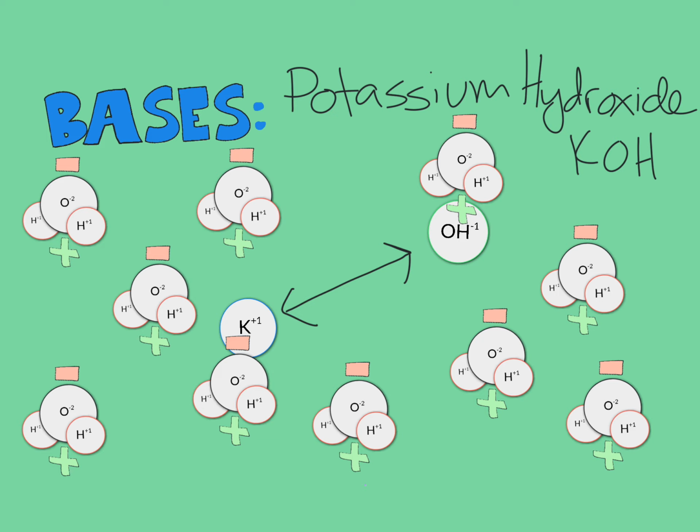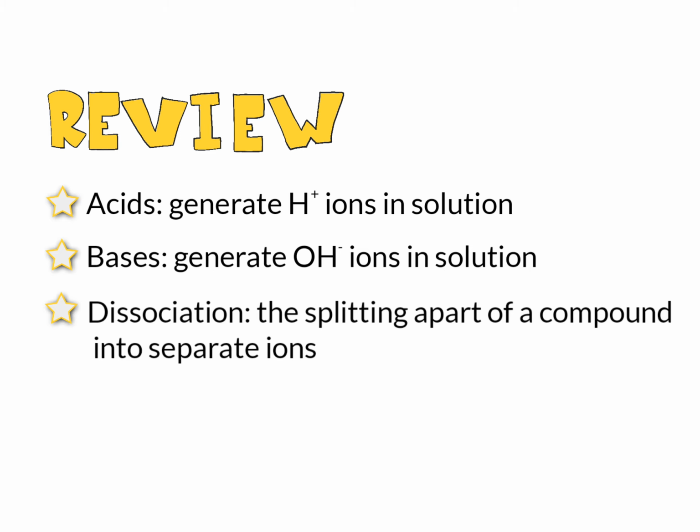When a compound dissociates and one of the ions it forms is a hydroxide or OH ion, it's called a base. There are some other very valid definitions of acids and bases that are used in chemistry. However, we're going to stick to the basics here and we're not going to go into those more complex definitions.